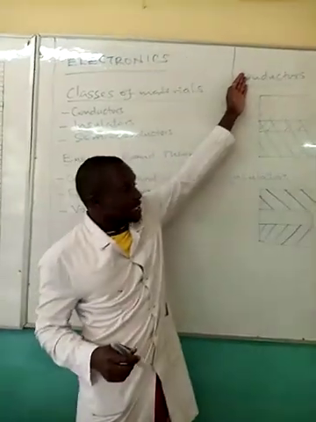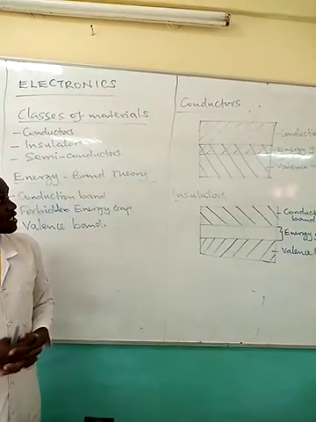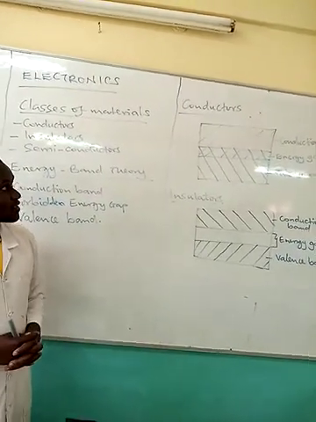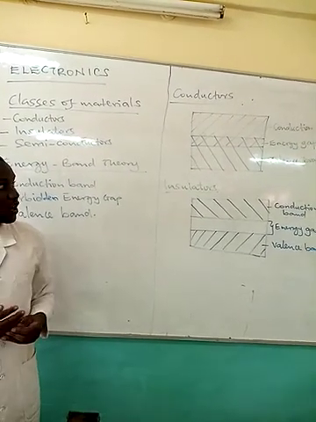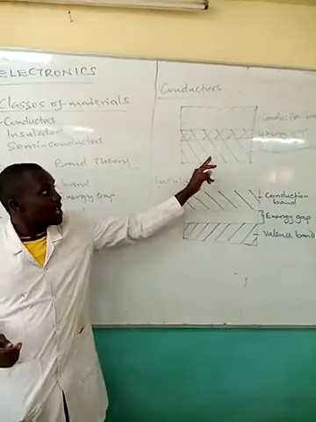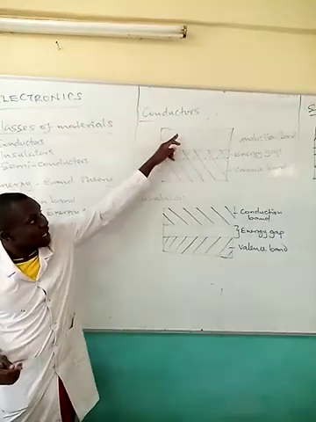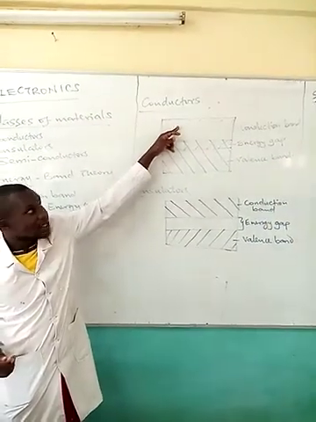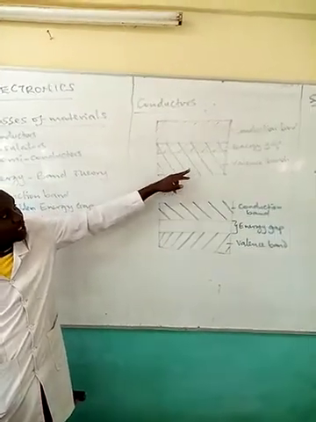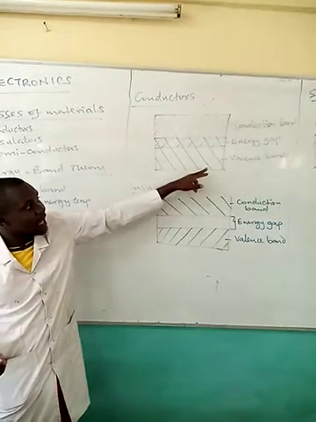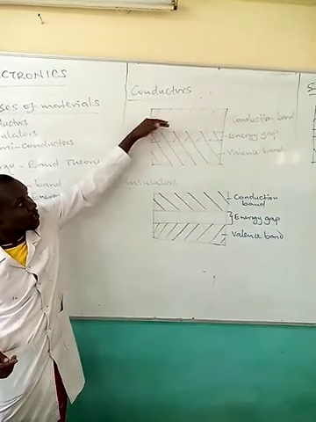We start with conductors. Conductors, as we have said, are able to conduct, and for conductivity to occur, electrons should always be able to flow from the valence band to the conduction band. So conductors normally have an energy gap where the valence band and the conduction band overlap.